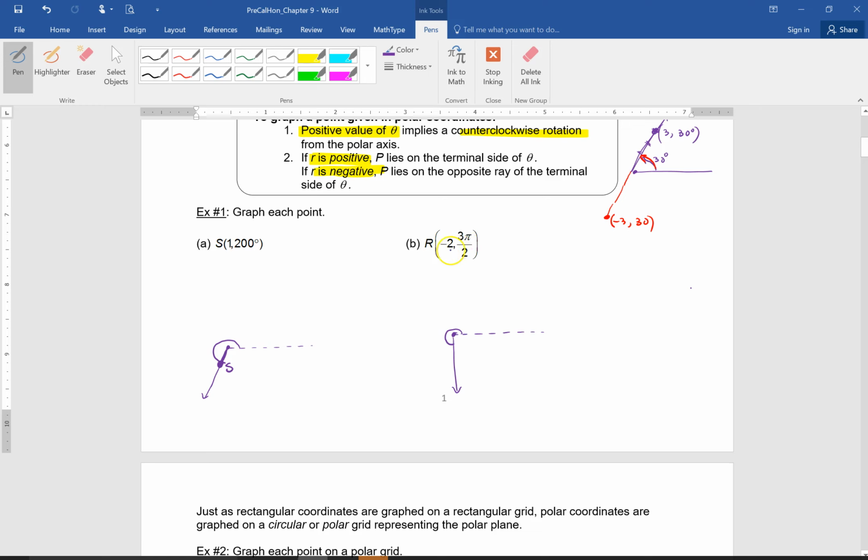Now, it's -2. -2 means you're not on the terminal side. You're on the opposite ray of the terminal side. So you go a distance of 2 on the opposite ray. Okay, so that's where your R is.